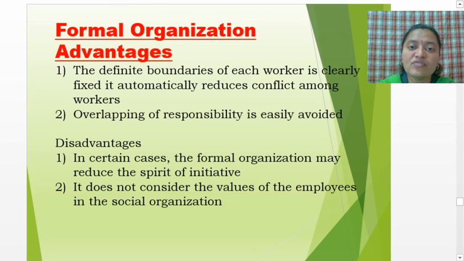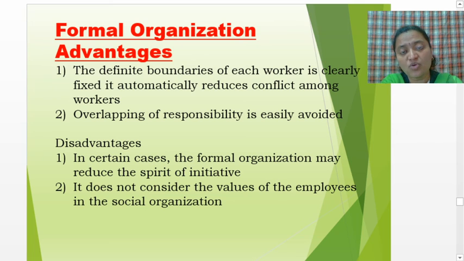So the question of conflict or fight will not arise among the workers. Then overlapping of responsibility is easily avoided. What do you mean by overlapping? One after the other. If work is given one after the other, it creates more pressure and is hectic for the workers. But in a formal organization, this overlapping of responsibility is avoided. Then the disadvantages: in certain cases the formal organization may reduce the spirit of initiative.